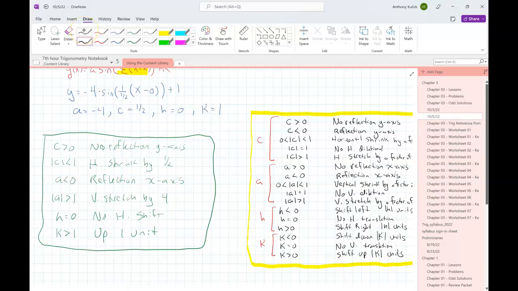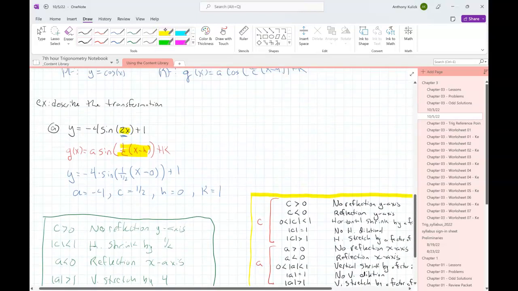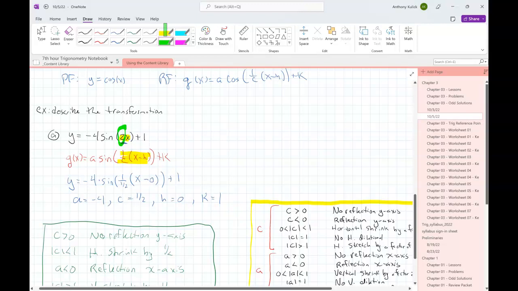Yes. I know you talked about this yesterday, but I'm just confused about the 1 over c. Is it always 1 over 1/2, or does it depend on the number that's with the x? It depends on the number that's the coefficient on the x. So here, 2 must be 1 over c.